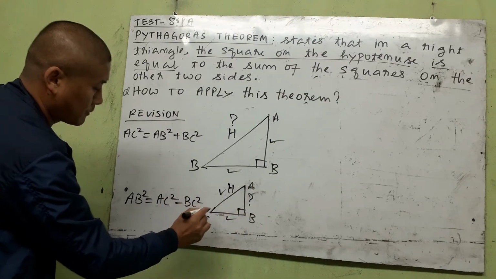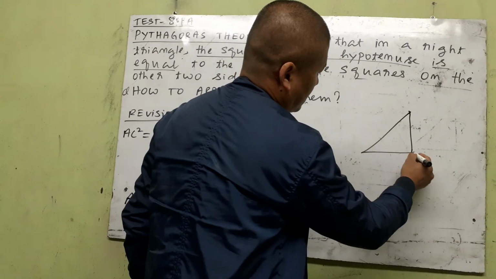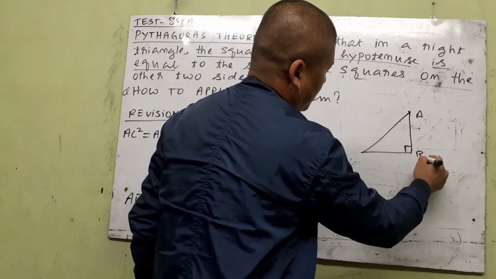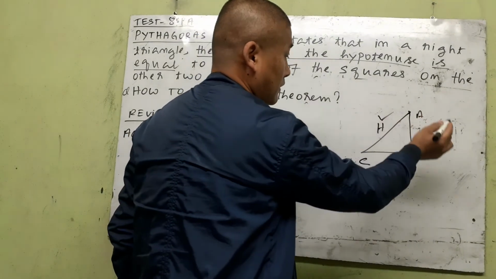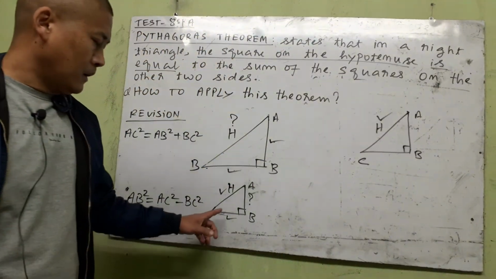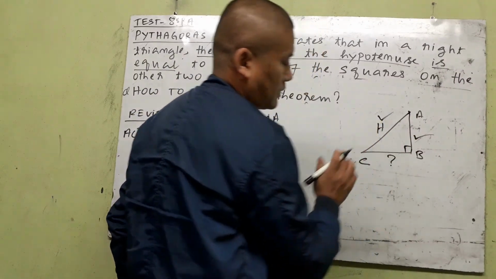We are revising. Then the third case possible is A, B, C. This is the hypotenuse we know by now. This is given to us, let us say. AB is also given to us, and we don't know BC.